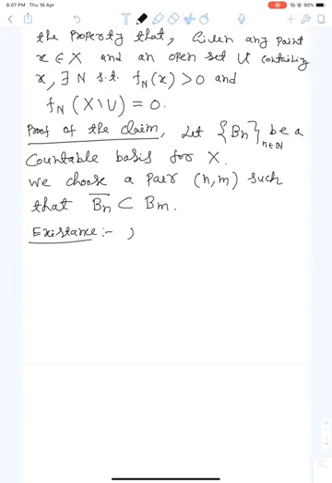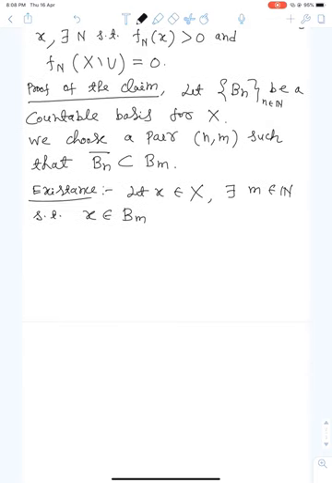Choose any arbitrary element x from X. Since the collection Bn is a countable basis, there exists a natural number m such that x belongs to Bm. Or you can choose x belonging to some open set U, then you always get a basis element x belongs to Bm. So it is fine.